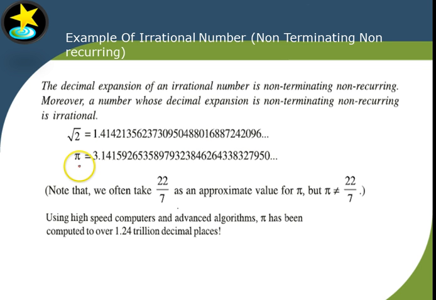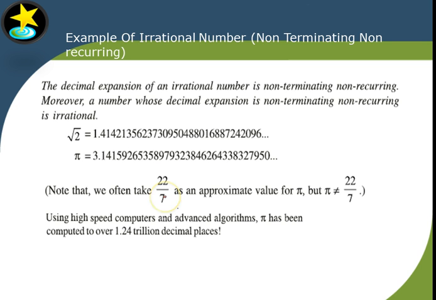Same is true with pi. If you try to convert pi into decimal, you'll get 3.14159265 and so on. We often represent pi by 22 by 7, but this is an approximate value of pi.